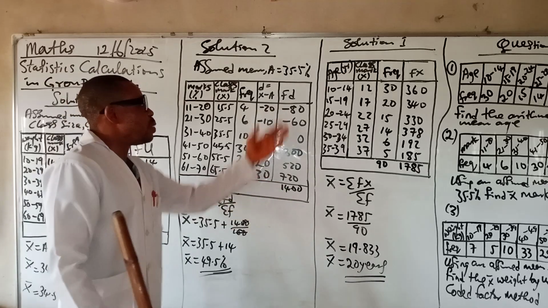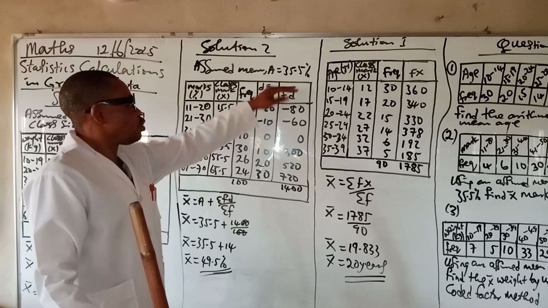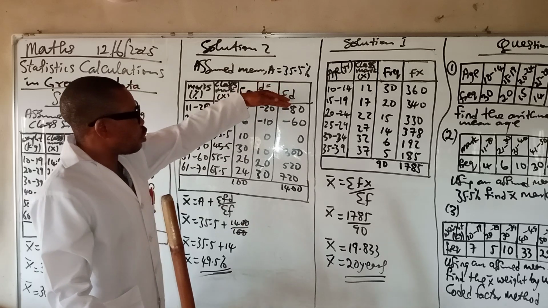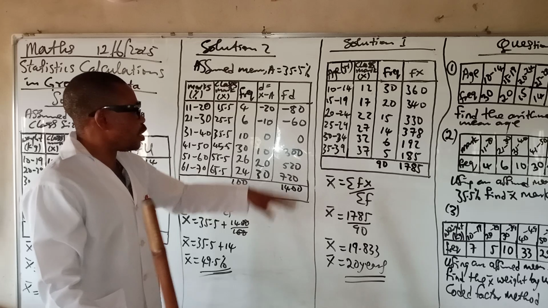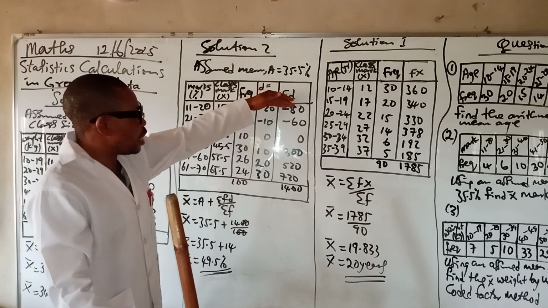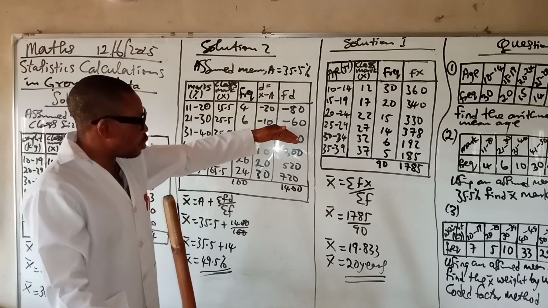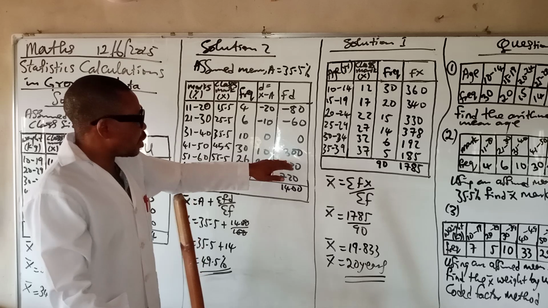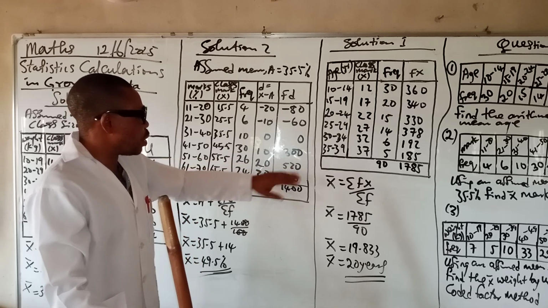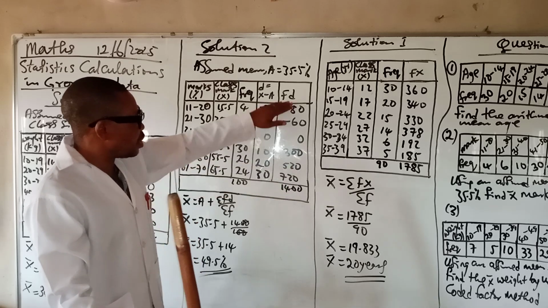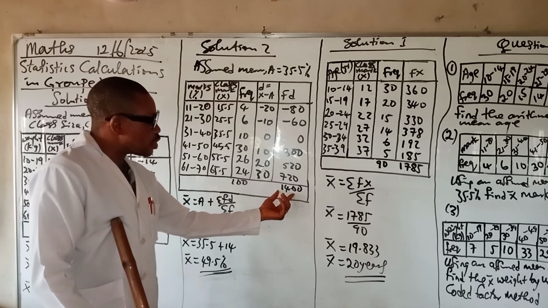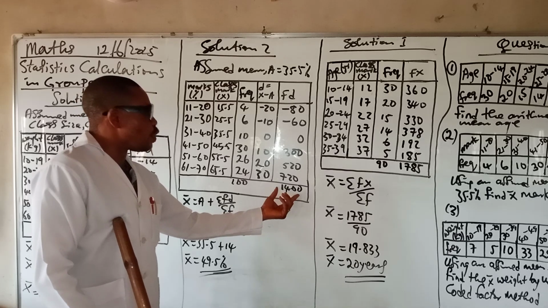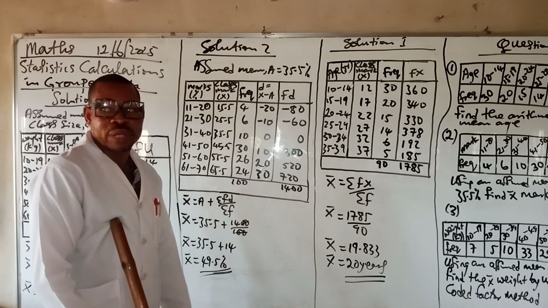Now, to get the summation of FD, the total of FD, we add minus 80, minus 60, 0, 300, 520 and 720. Adding everything up, we arrive at 1,040. How do we do that?